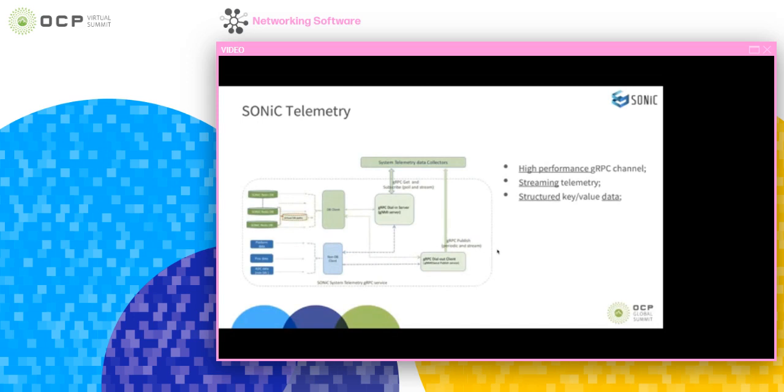All this data can be streamed out from SONiC into the telemetry data collector. The SONiC telemetry module features a high performance gRPC channel. It also supports real-time streaming telemetry features with a structured key value data format. We have also shared the SONiC telemetry module with the community.